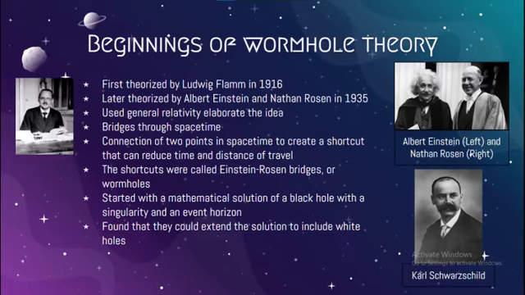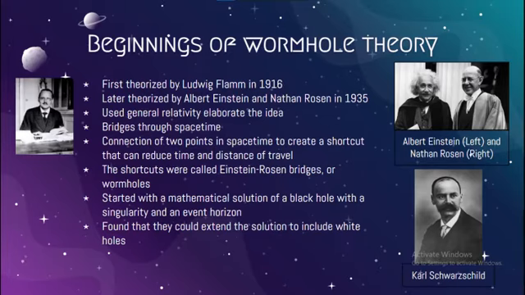The wormhole was theorized using the theory of relativity, which is a theory about how gravity curves and warps space. The theory helped develop the idea of bridges through space-time. These bridges would connect 2 points in space-time and create shortcuts that can reduce time and distance. This idea of bridges was called Einstein-Rosen bridges, and later on they were known as wormholes.